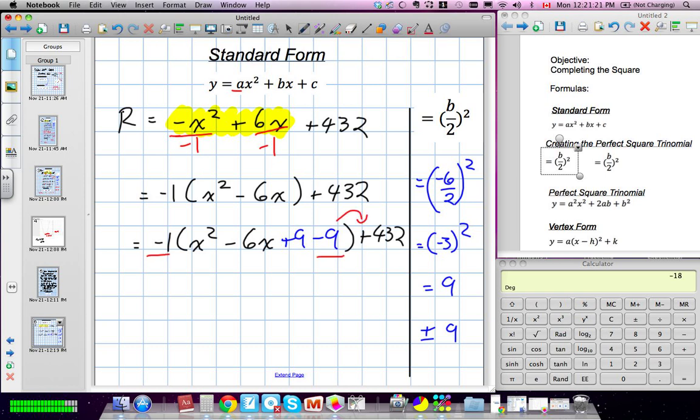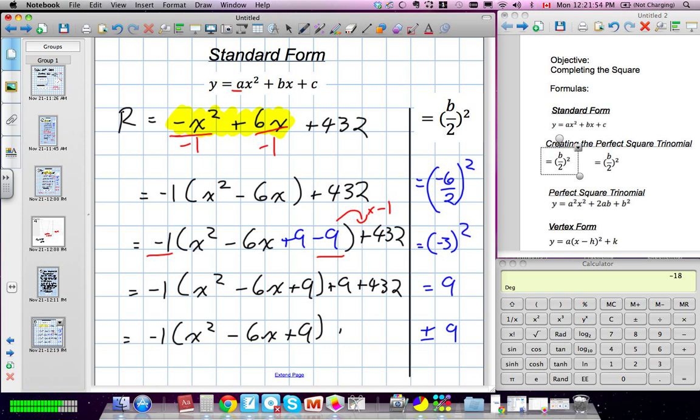So I now have negative 1, x squared minus 6x plus 9. When we multiply negative 1 times negative 9, we get positive 9 plus 432. That means I'm just going to simplify our outside terms. 432 plus 9 is 441.